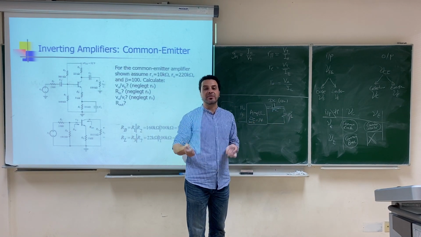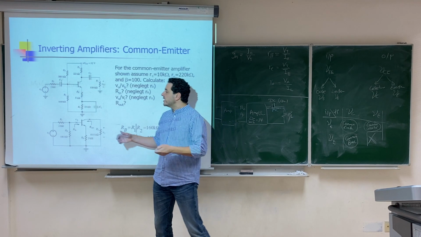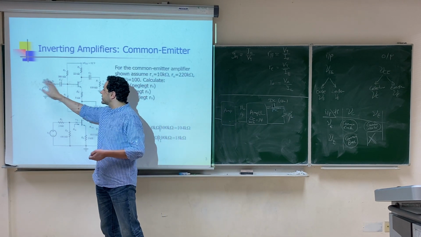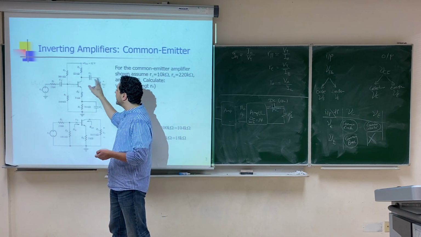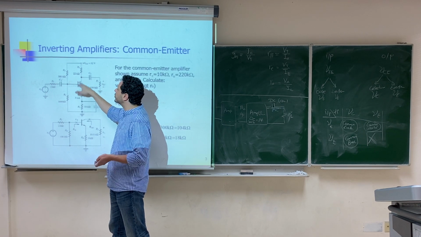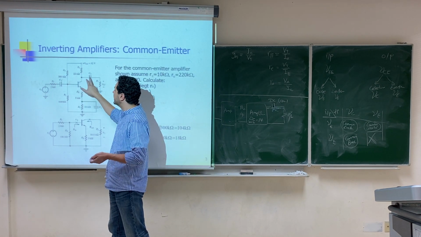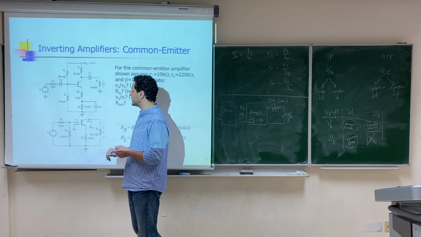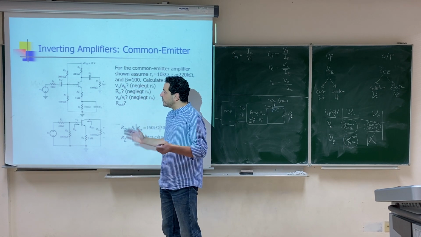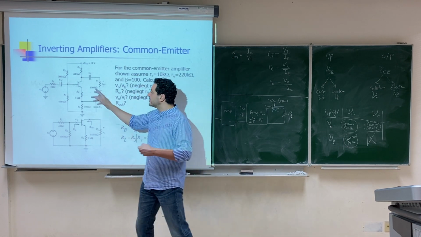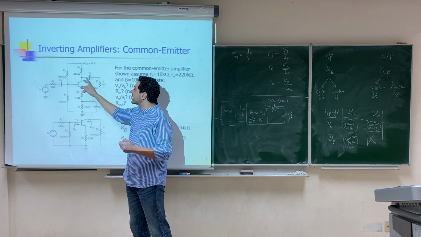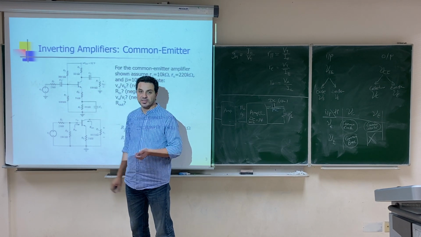This is the benefit of the coupling capacitor: when you connect a load or a previous stage or a next stage, the bias point is not going to change. It will remain as it is because the capacitors represent open circuit, while for the AC signal, the capacitors have no effect because approximately they are seen as short circuit.